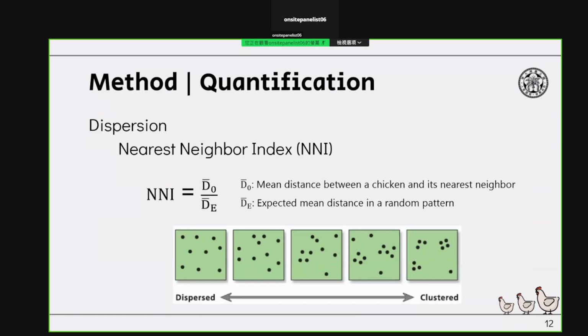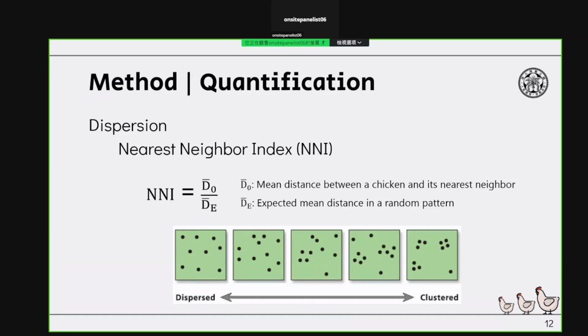To measure precisely the spatial distribution of the chickens, we use the nearest neighbor index. If the chicken flocks are too dispersed or clustered, we can see it from the value.